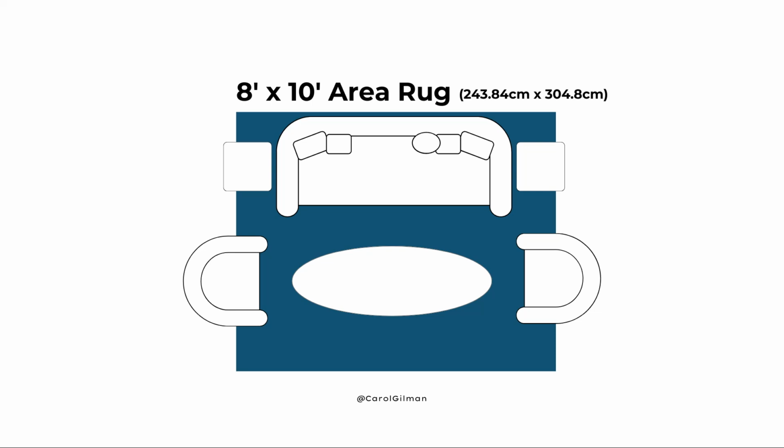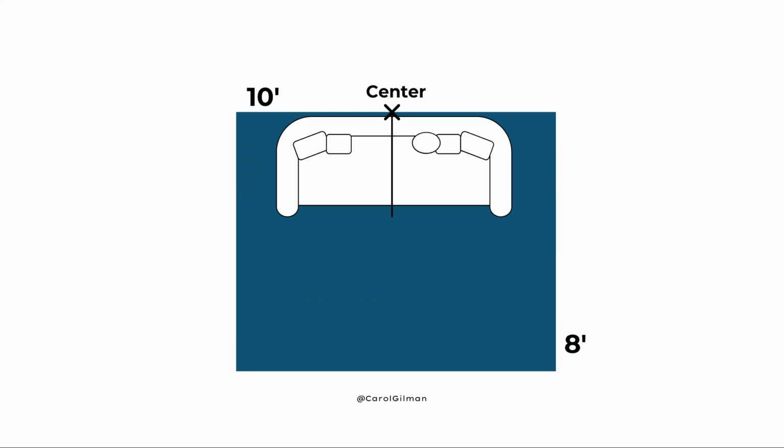The first thing that I always recommend doing is centering your sofa on the longest side of that area rug. For this example, I'm using a 7-foot wide sofa, and I'm centering it on the longest side, which is 10 feet wide.